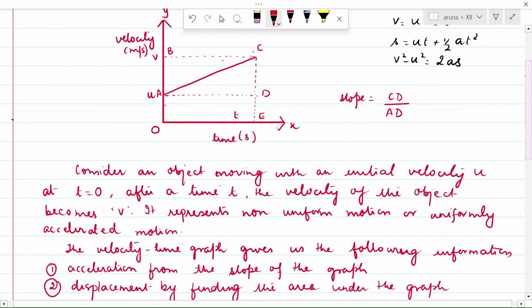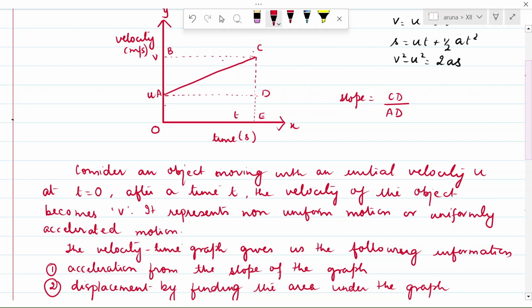Yes, this is the graph AC. The area under the graph means this whole portion, OACE. This is a trapezium, right? Trapezium need not be the one which you are familiar with; even if one side is straight, that still is called a trapezium because it has only two parallel sides. In this case, OA is parallel to CE and OE is the perpendicular distance between the two arms.